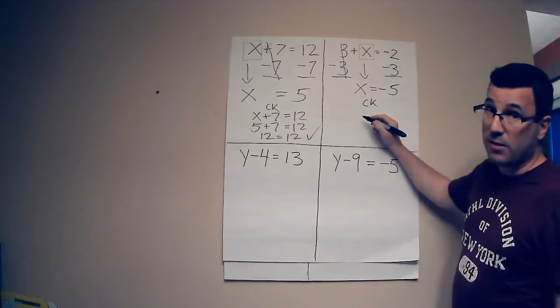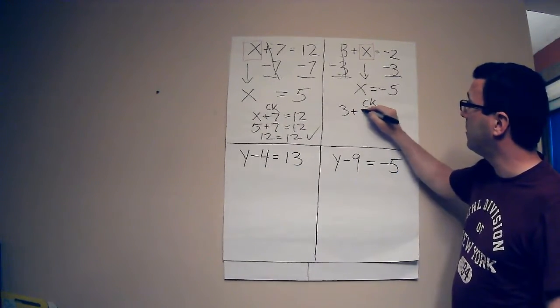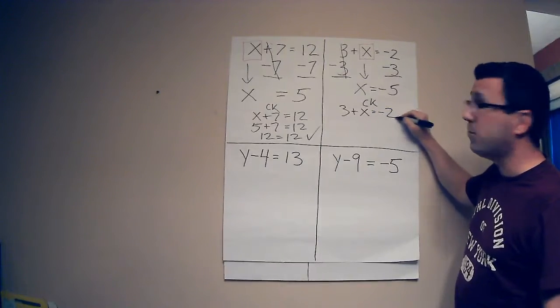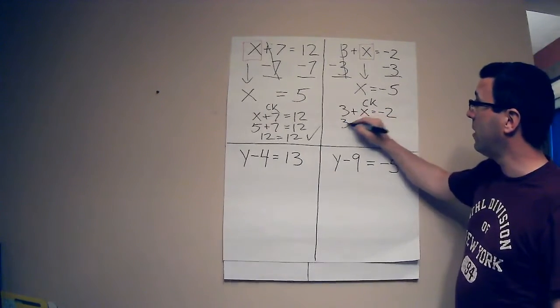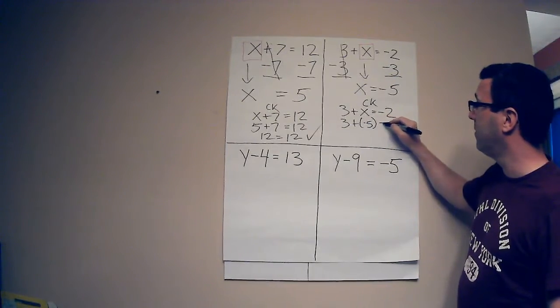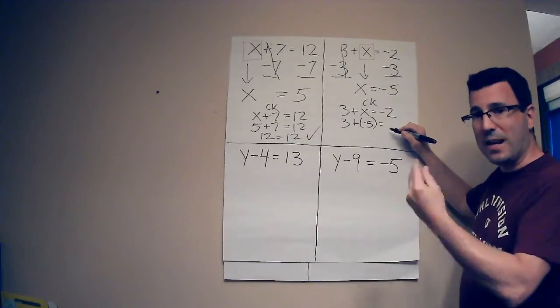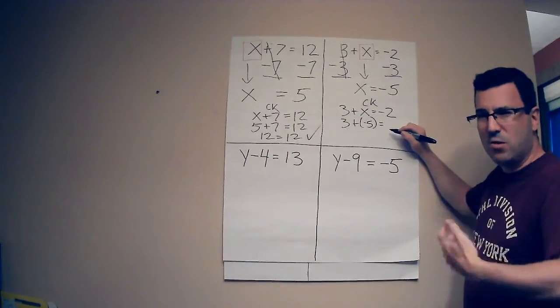I'm not going to check every single time, but it's good to see it being done. So I have 3 plus x equals negative 2. 3 plus, I'm going to put this in parentheses, negative 5, because you don't like to have a plus and a negative symbol right next to each other. It just looks weird.